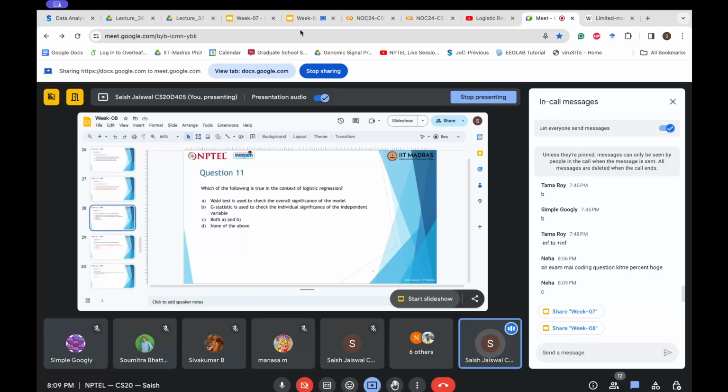In exam coding questions, it depends, Neha. I'm not very sure how many coding questions there will be, but they will be giving you a snippet of code and asking what the output of the code will be, or giving some blank parts in the code and asking you to select the option that does the correct operation. So those kinds of questions might come in the examination.